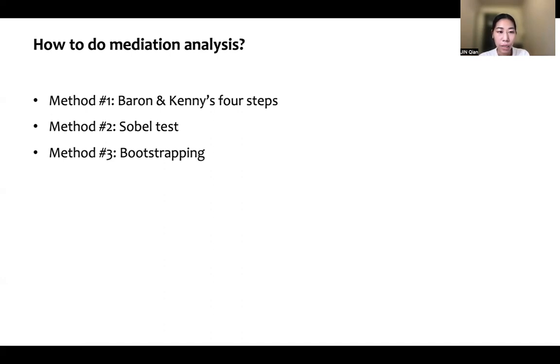So it tests the significance level of this indirect effect. The last method, bootstrapping, is very popular nowadays, and the PROCESS macro in SPSS is developed based on this method. In the next session, we're going to talk about the three methods one by one.